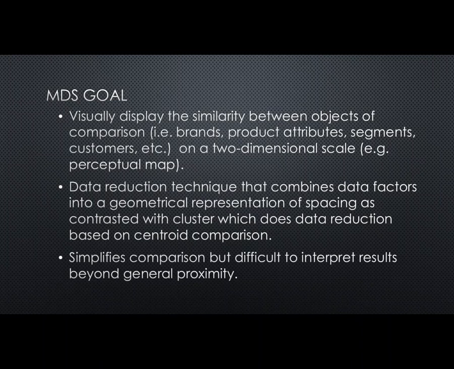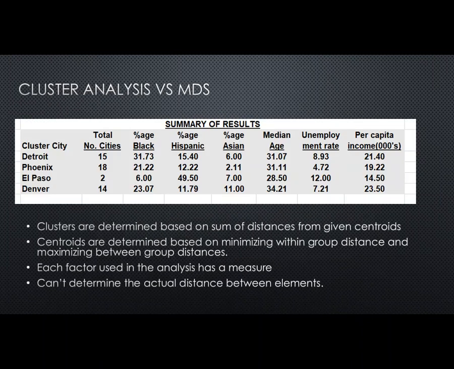So it's really just a perceptual map, and it shows you the proximity of the various factors you're looking at. But it's really difficult to interpret the results in a lot of cases because you don't know exactly what the spacing represents. And again, I'll show you what I'm talking about with an example.